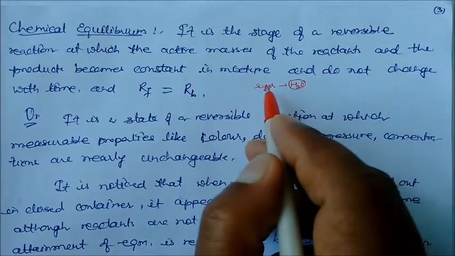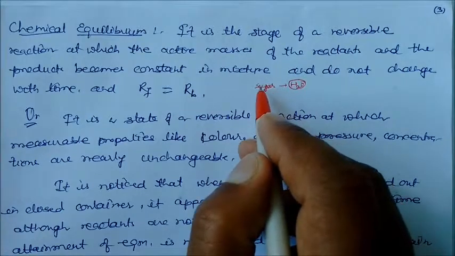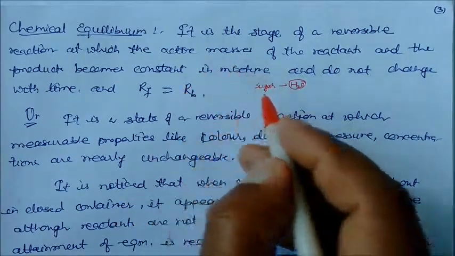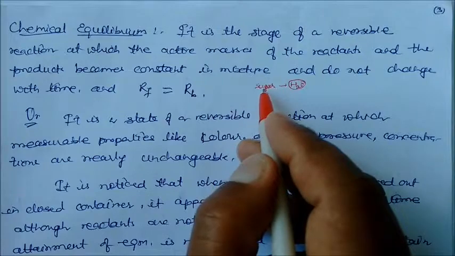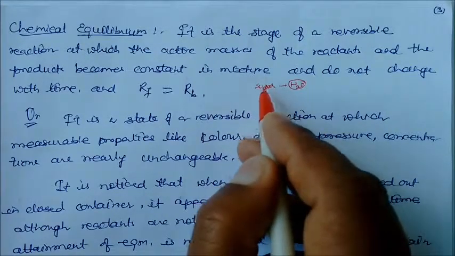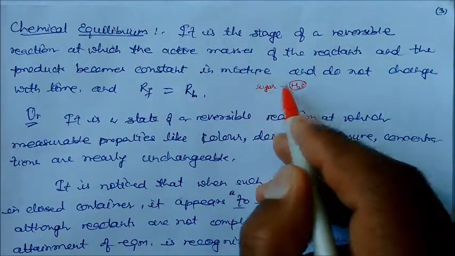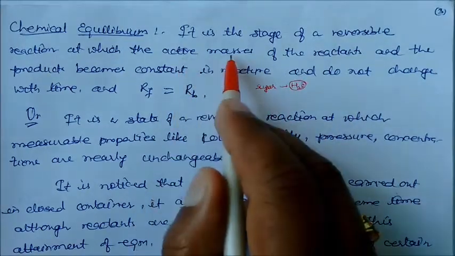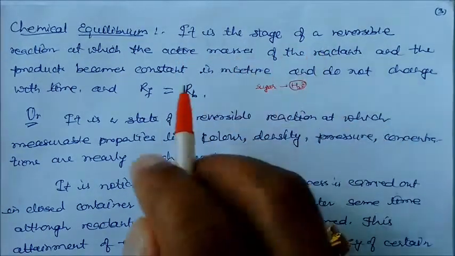Those molecules of sugar are called active mass, not the sugar inside. So the active mass means those masses which are participating in the reaction.